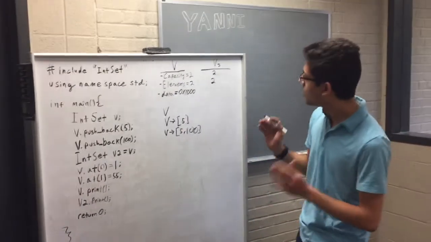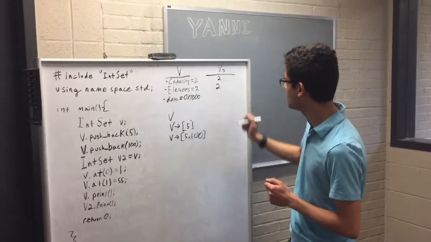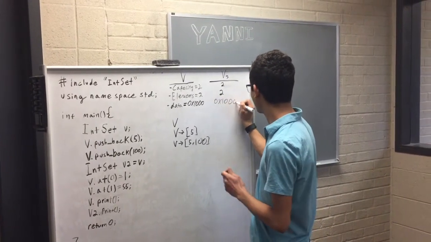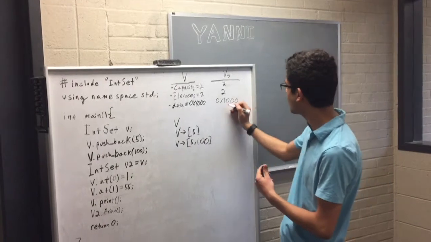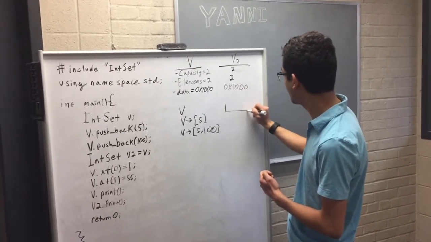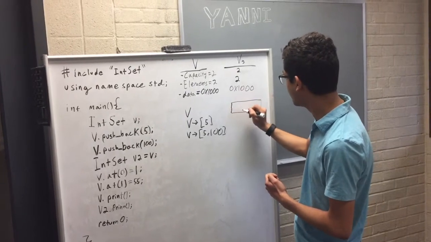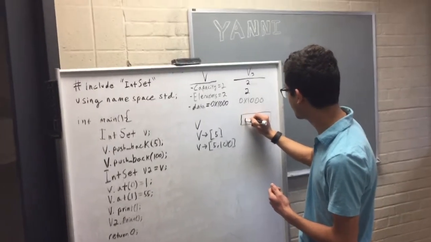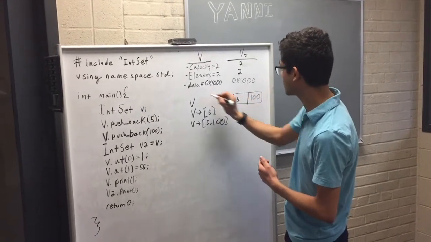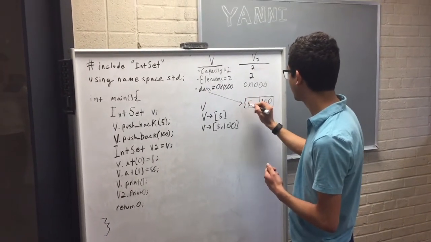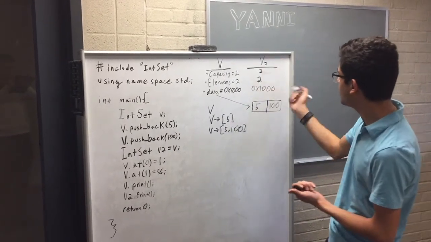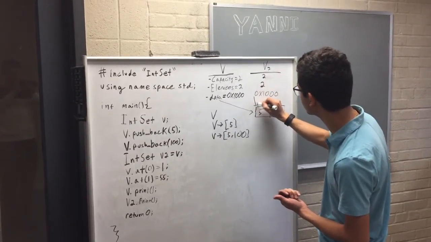But when you copy the pointer, v2 now is going to also share the pointer, and that's terrible because now we have this space of memory which contains our data, and the data of v is pointing here. Then the data of v2 is also going to be pointing here.